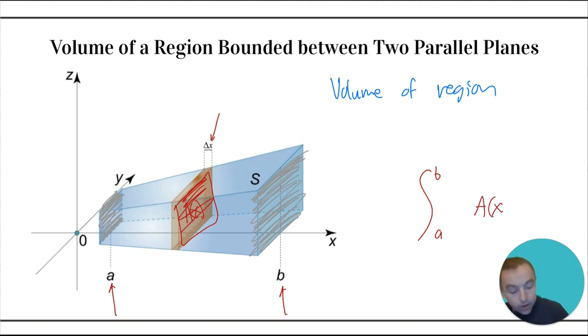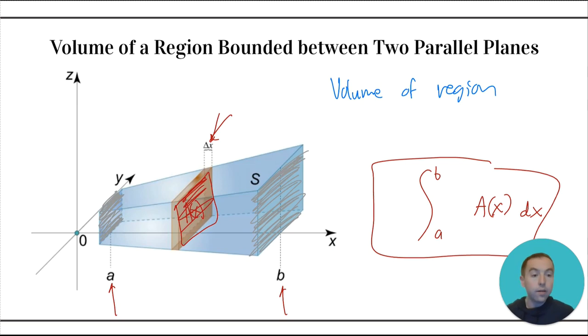So we're going to integrate the area function, and then we also need the change in x, so multiply by change in x, which is really equivalent to dx. We also need the dx when we integrate. So this is really what we're going to do from a to b, and that's going to equal the volume. So really, volume is just integrating area, if we speak about it generally in that way.